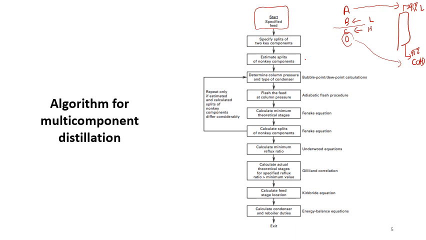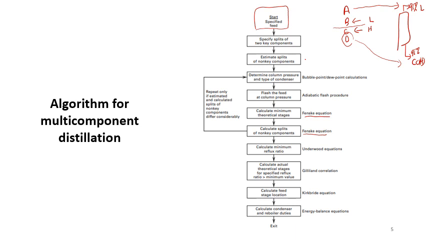And normally for this course, for these exercises, we are going to just use the total condenser. So here you need to determine the bubble point and dew point calculation of the column when you were already given the pressure and the composition of the top and bottom product. Then you do the flash at the column pressure, and then we use the Fenske equation to calculate the minimum number of theoretical stages, and also we still use the Fenske equation to calculate splits of the non-key components.